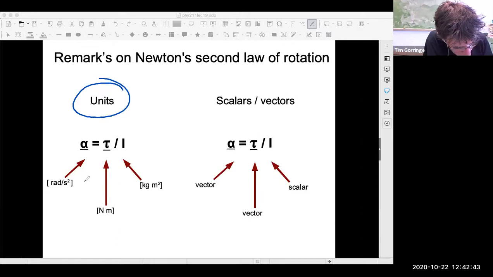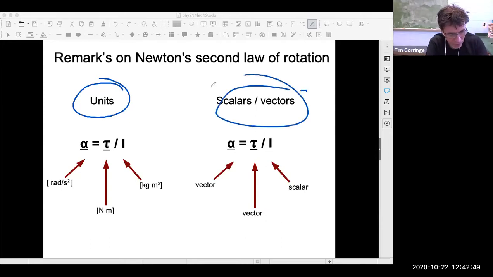So did I just describe the vector nature of these things, which was actually over here? But anyway, I also want to describe the units, which is over here on the left. So the units of these quantities are different. Torque has units of newton meters.